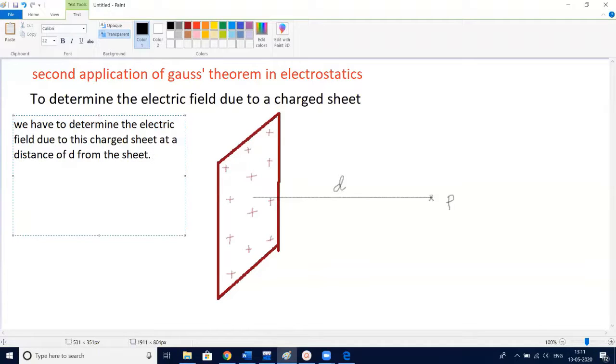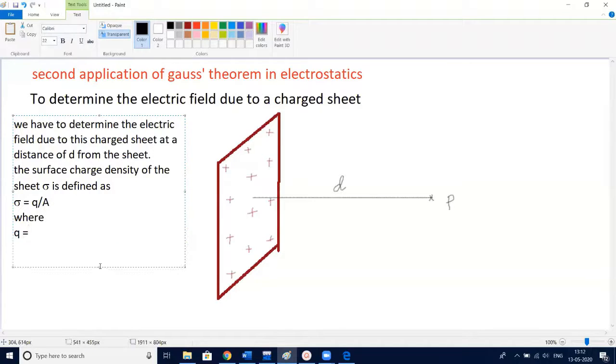Now, another thing is that the surface charge density of the sheet, sigma, is defined as sigma equal to the total charge on the sheet, which is Q, divided by the area of the sheet, that is A. So where Q is equal to total charge on the sheet and A is equal to area of the sheet.